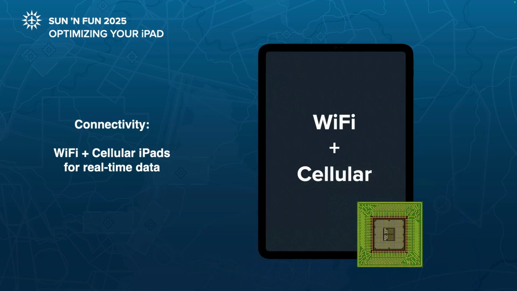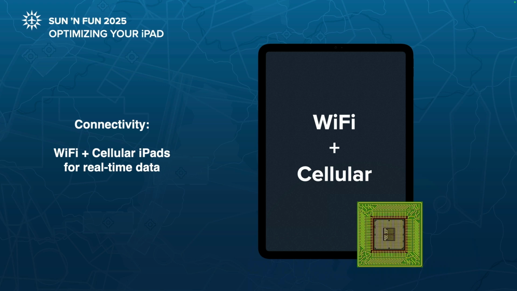Okay, I'm going to remind us all, this is our recommendation when it comes to connectivity. The way you maximize your connectivity on the iPad with ForeFlight is to have the cellular chip iPad model, okay? If you don't, and you just bought an iPad and you don't have that, take it back to Apple and get a credit. It will cost you a little extra, but I think it pays for itself just in safety.